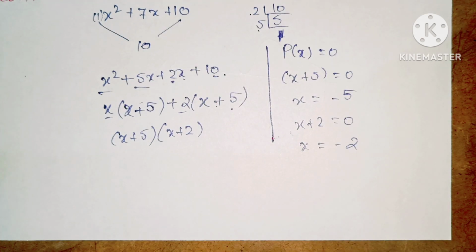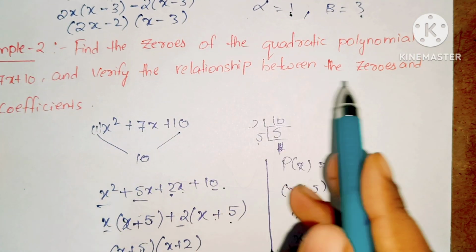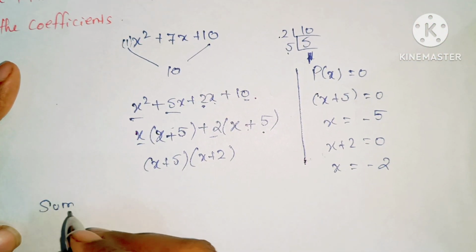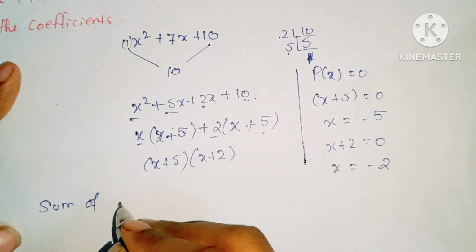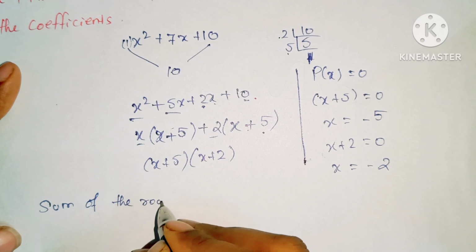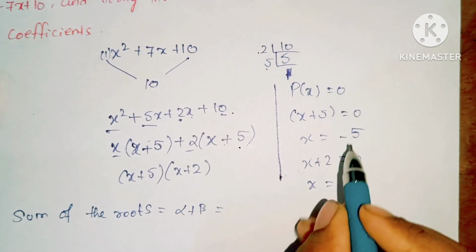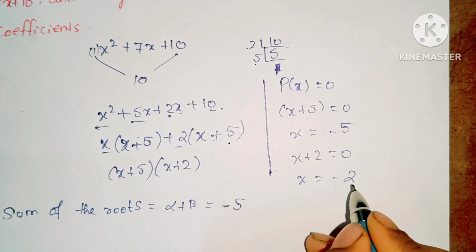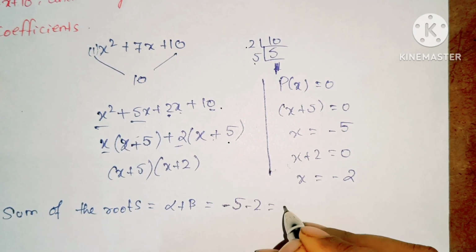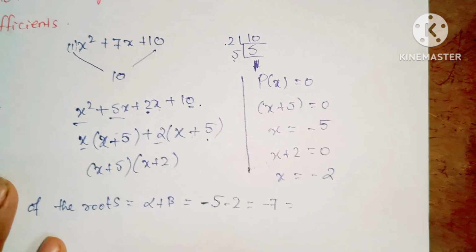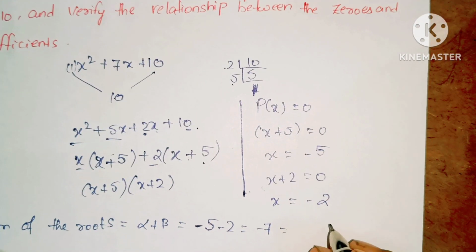Got it? So now what he said to find a relation between the 0 and coefficient. So relation between 0 and coefficient, that means sum of the roots equal to alpha plus beta. Alpha means minus 5, beta means minus 2. You got how much? Minus 7. And simply you know the formula of coefficient formula what?